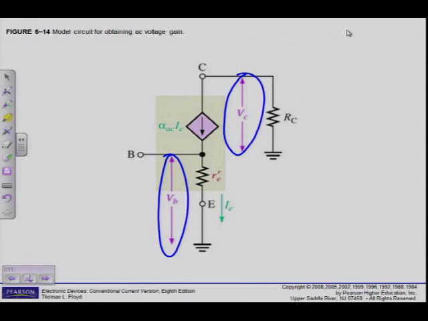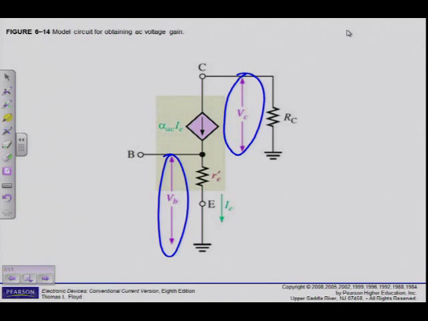We also notice in the figure that VC is equal to alpha AC times IE times RC, and VB is IE times r'e. So if I substitute in the formula of VC over VB, I get IE times RC divided by IE times r'e. The two IEs cancel out and I remain with the voltage gain.